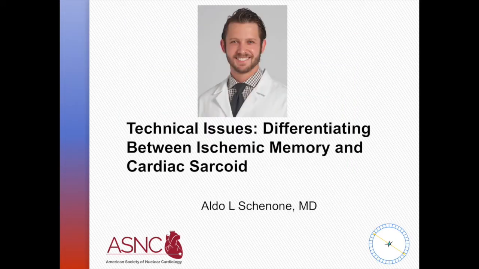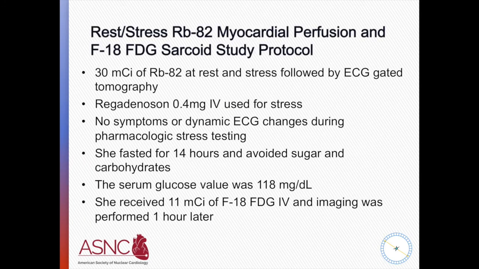So as we mentioned, the patient was referred for both myocardial perfusion studies and FDG sarcoid study with PET imaging. And in this slide, we outlined the protocol that we follow in our institution. The patient received regadenoson as a stress agent, after which she denied any symptoms, and there were no ECG changes to comment on.